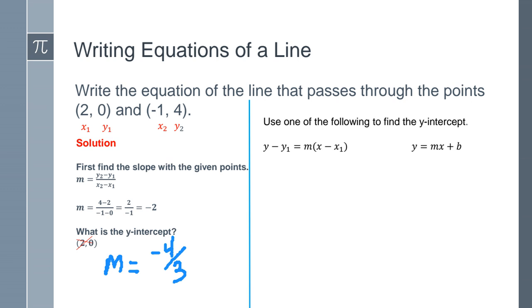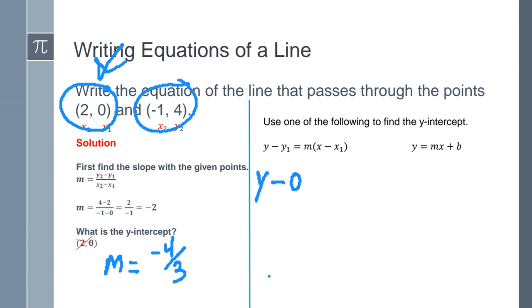And so we can use the point slope formula. In this situation, you want to pick either this point or this point. So I'm going to pick this point here, 2, 0. Here I'm going to have y minus y1, in this case y is 0, is equal to my slope, and then x minus 2.